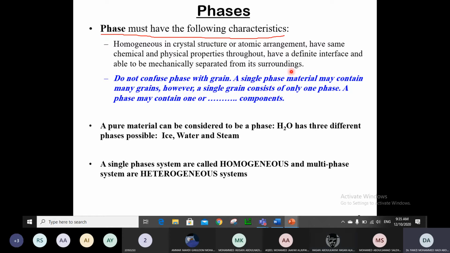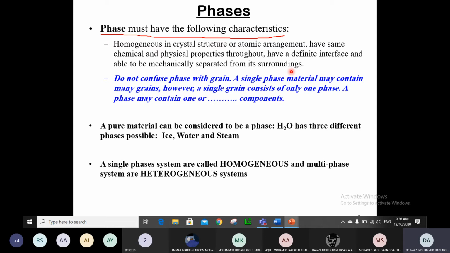Doctor? Yes. You said the phase should have a homogeneous structure. So why, in a substitutional microstructure, is it still homogeneous since we have other atoms? Homogeneous could be with one type of atom, or with different atoms, but they are homogeneously dispersed in the material. So that is homogeneous also.